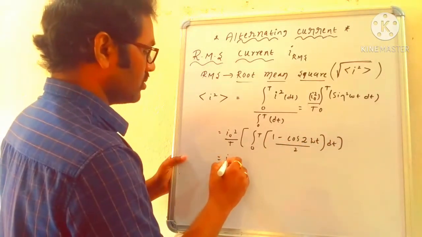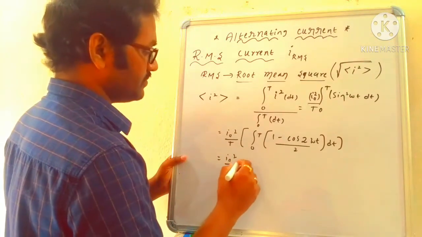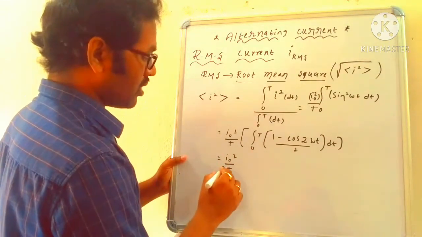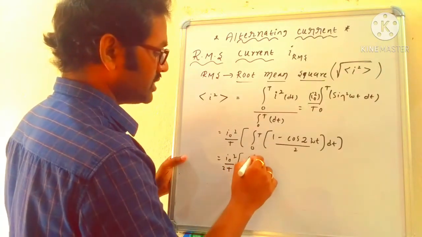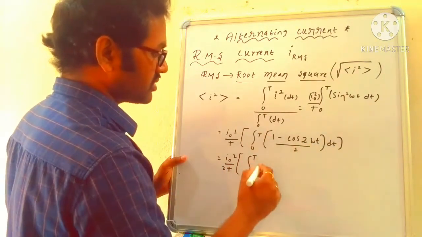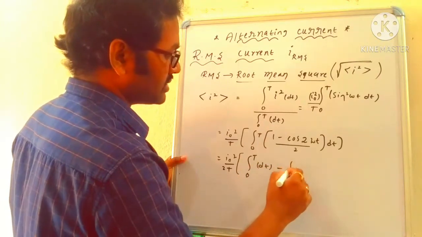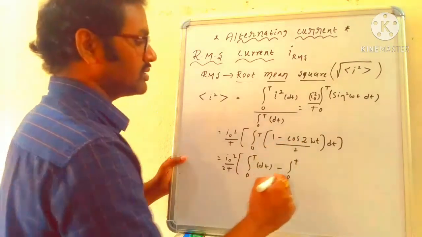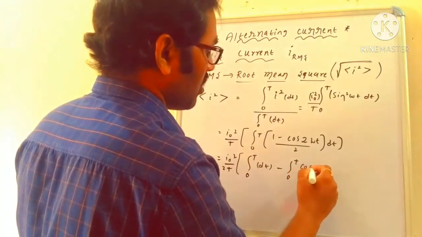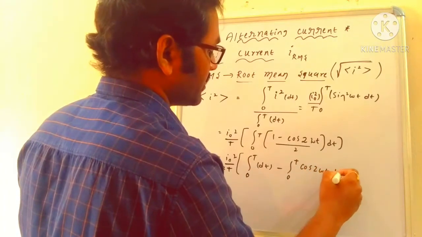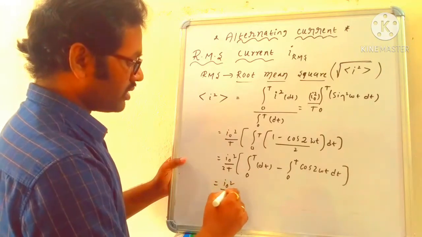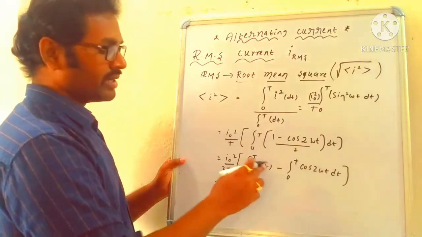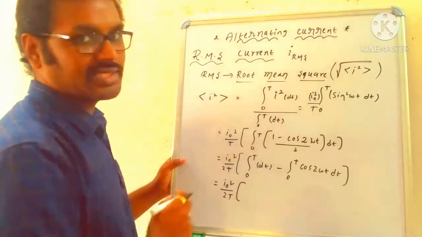That is equal to I naught square by 2T, taking the 2 outside, and then we can write the integration from 0 to T. The first term comes as dt minus the integration from 0 to T of the second term, cos 2 omega t dt. That is equal to I naught square divided by 2T into the integral of dt, which is T, with limits T minus 0.